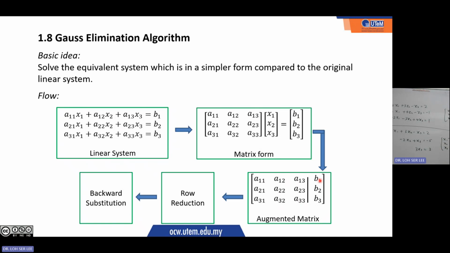This one multiplied by the same m and added to row 2. We row reduce the matrix as if there is no separator. Then we apply the backward substitution. We will get the solution of x1, x2, x3.